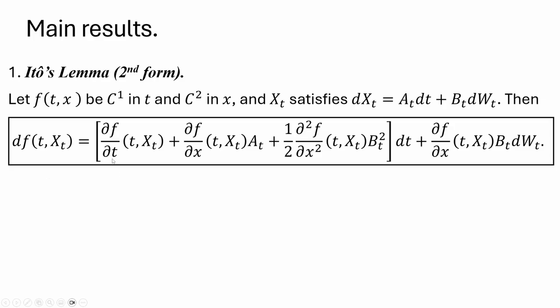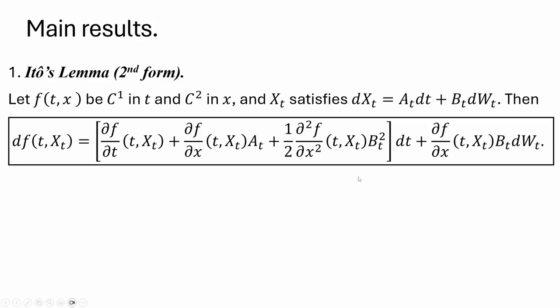And it turns out to have this form: the partial derivative df over dt at t and X_t, plus the partial derivative df over dx at t and X_t times a_t, plus half of the second order partial derivative d squared f over dx squared at t, X_t times b_t squared, quantity dt, plus the partial derivative df over dx at t and X_t times b_t dW_t.